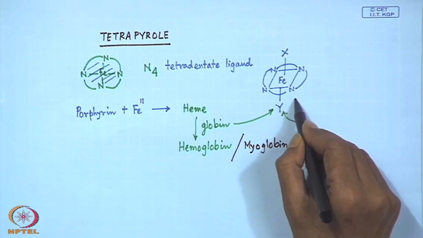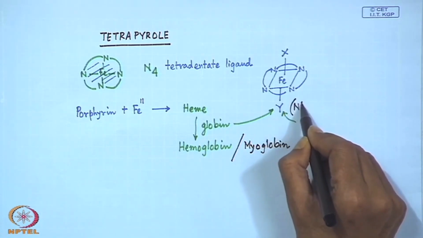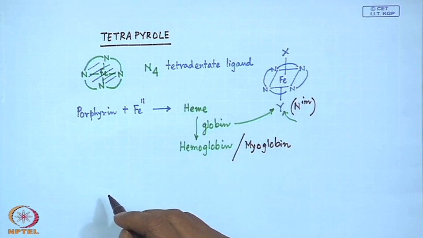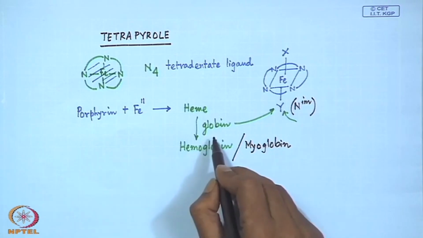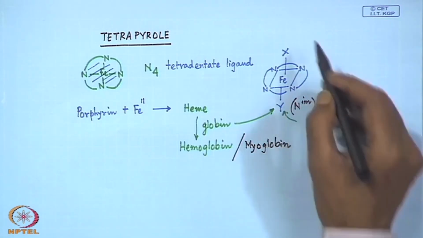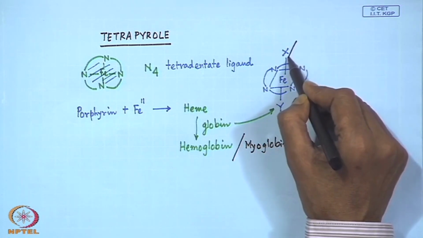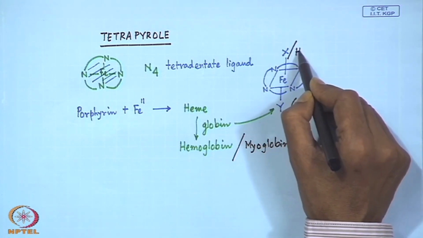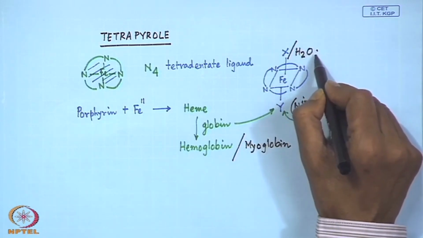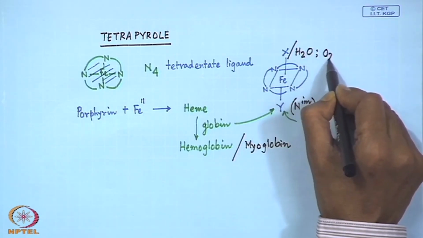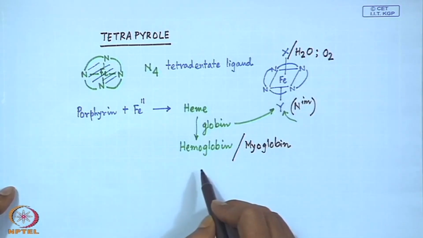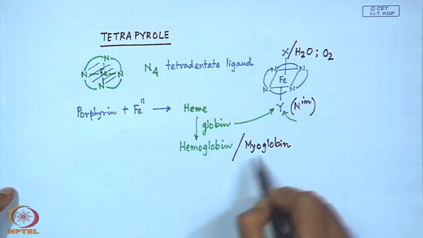This is nothing but the nitrogen of the imidazole ring of the long polypeptide chain of the globin, which is bound from Y, and this particular X is responsible for binding a water molecule or the oxygen when we are utilizing hemoglobin for respiration.